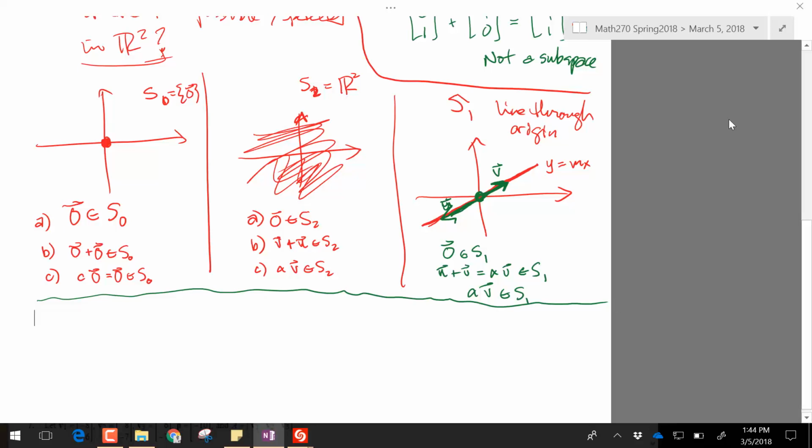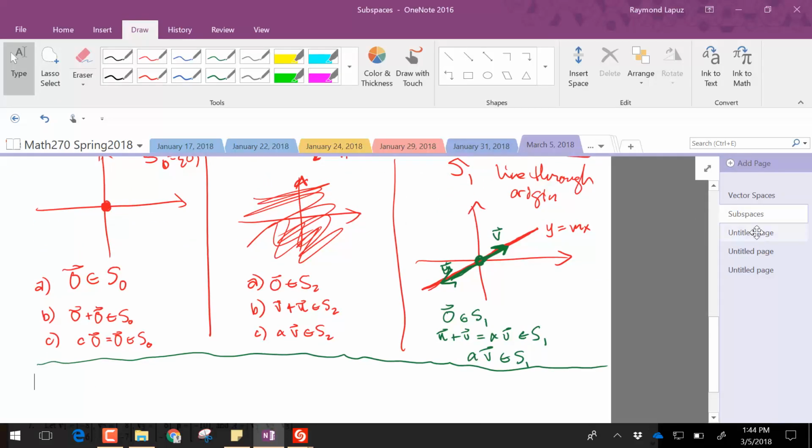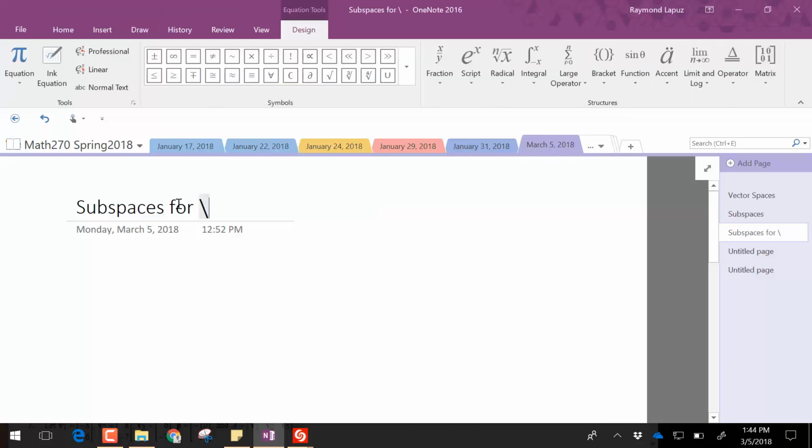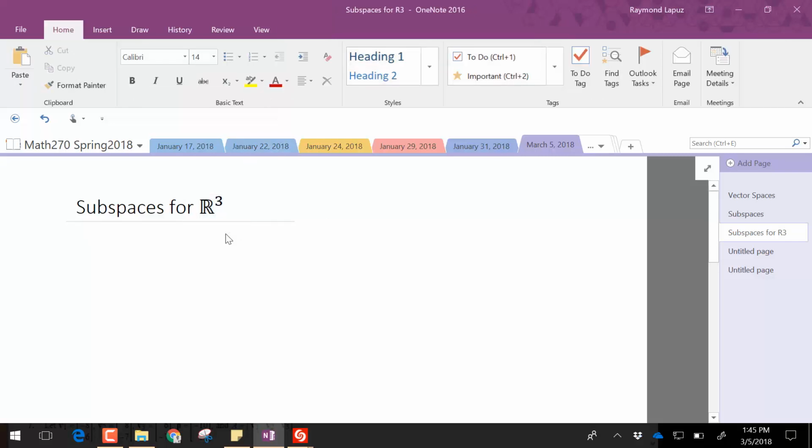Let's find subspaces for R3. So in R3, we'll start again with a 0 vector.